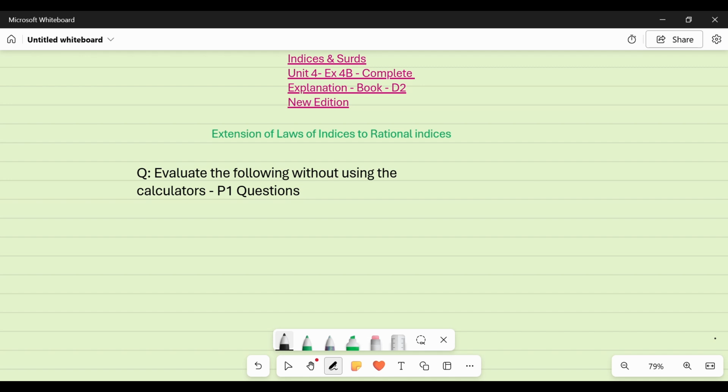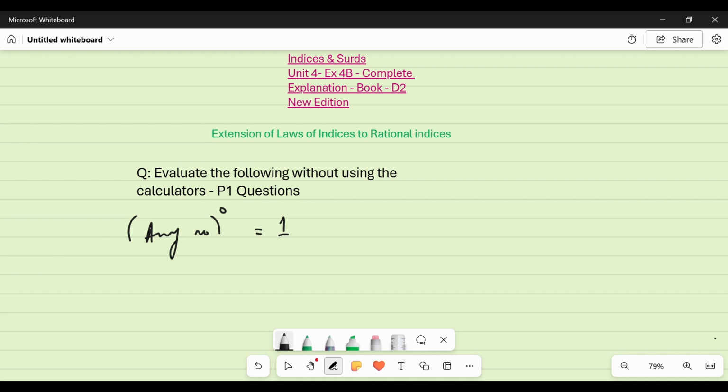In all these parts from A till F, the exponent is 0. Any number with the power 0, the whole part is equal to 1.